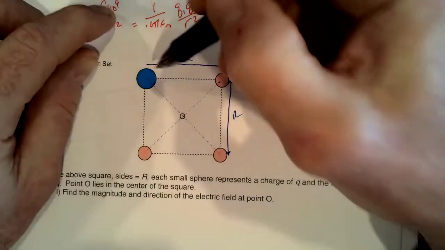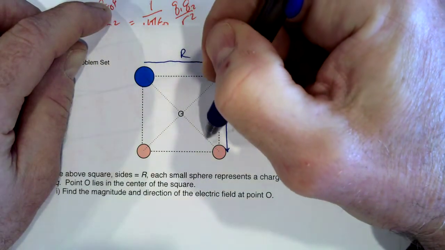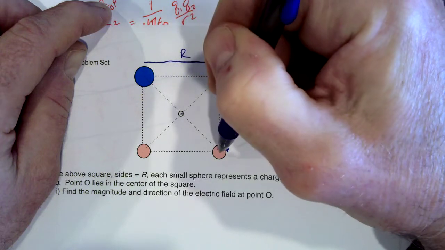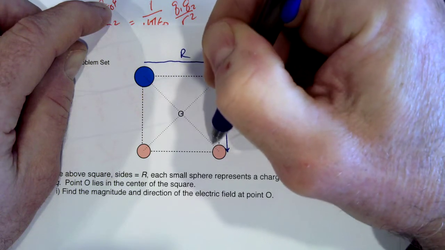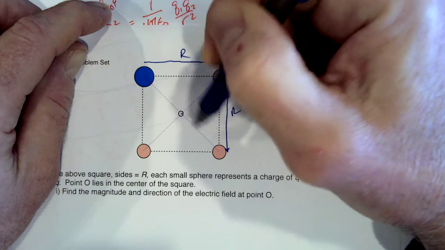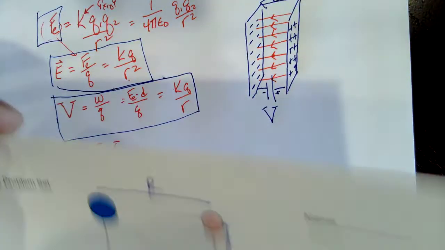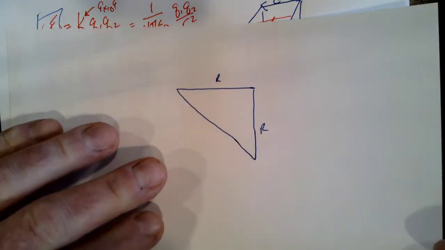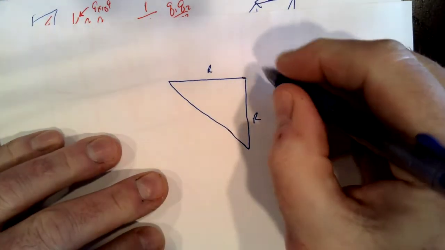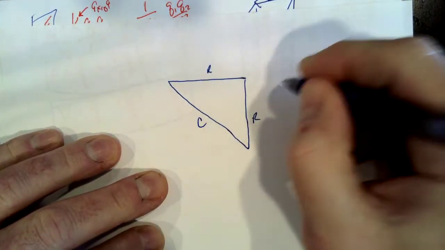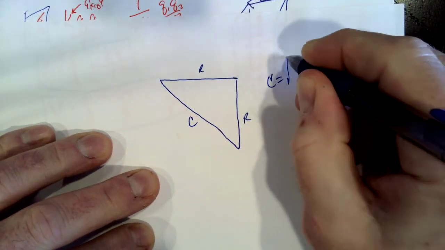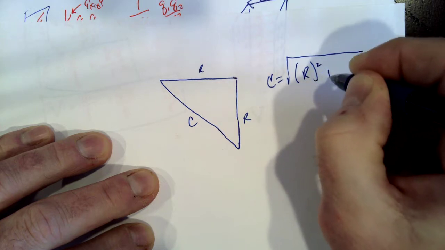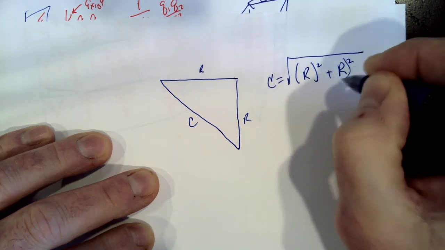However, this side is the distance across the box, the square. You need a distance to the middle, so I'm going to have to half that when I'm done. That's how you figure out the distance to the middle. So it's going to be, right, c would be there. C is going to be equal to the square root of r squared plus r squared.